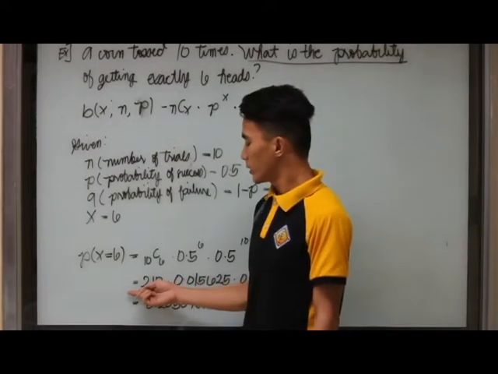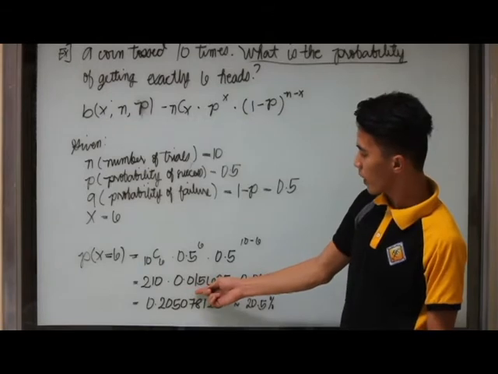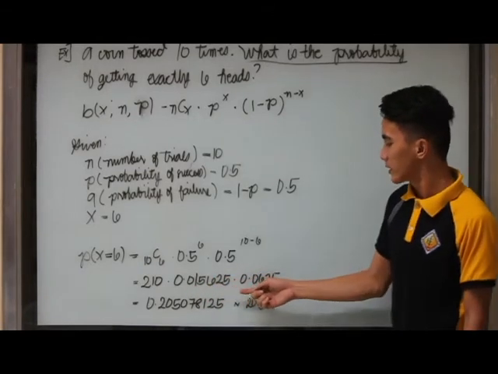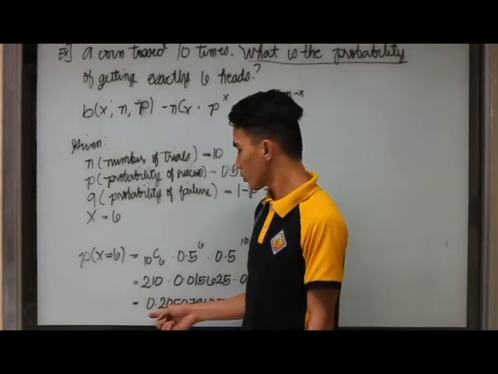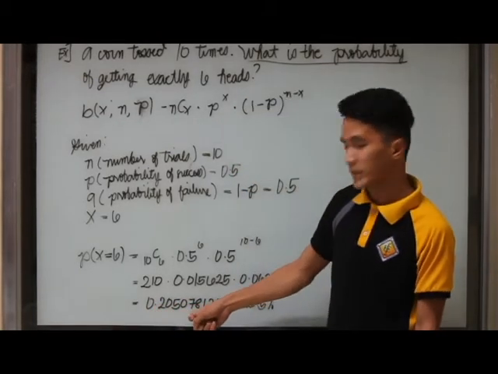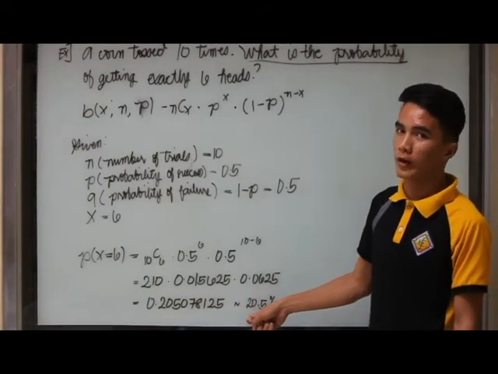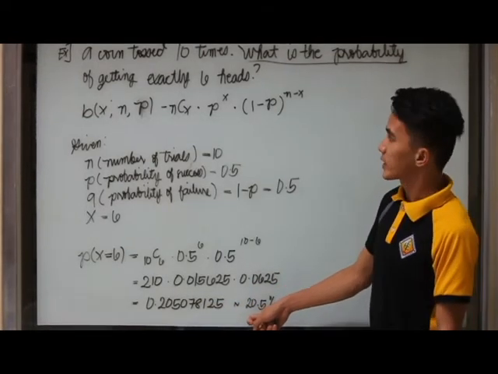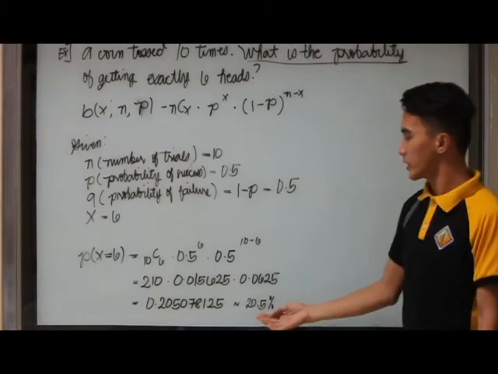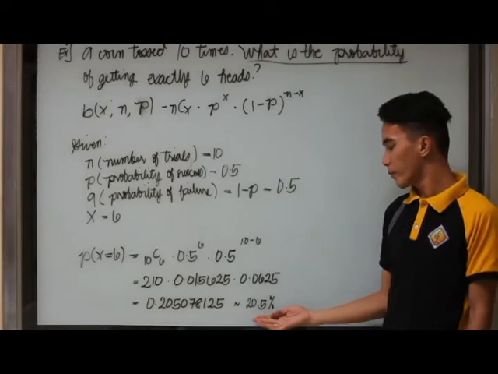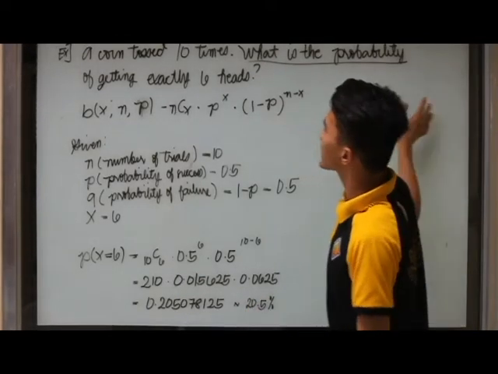So, that is equal to 210 times 0.015625 times 0.0625, which is equal to 0.205078125 or 20.5%. So the probability of getting exactly 6 heads is 20.5%.